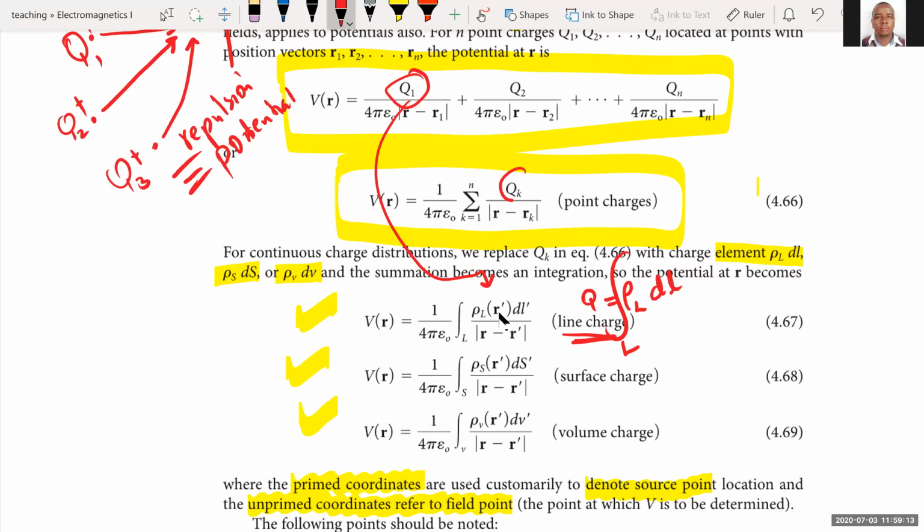That will give you the total charge that my line has. And if it is infinite, then it will simply give you this expression in 467.